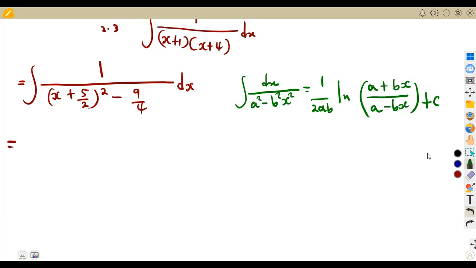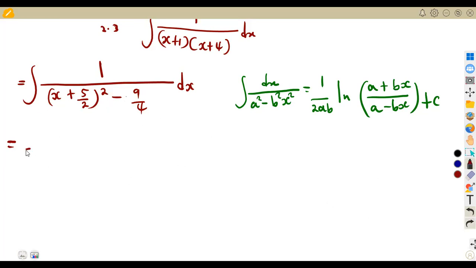If we check the presentation here, we are supposed to have a constant that is being squared and positive, and this format is not the one. So you're supposed to take out the negative here so that our constant becomes a positive.